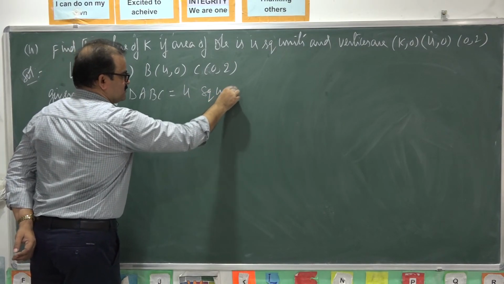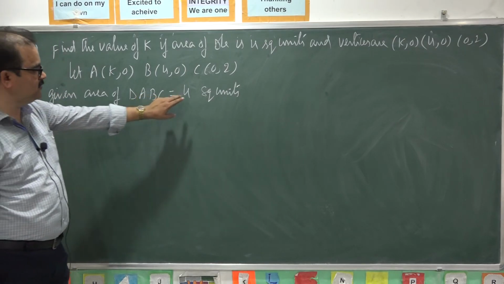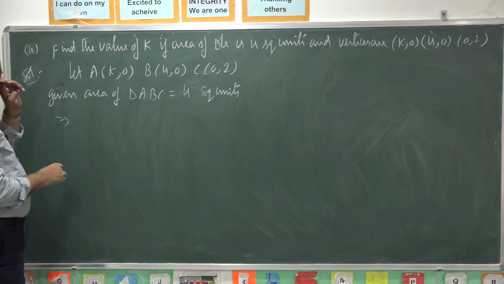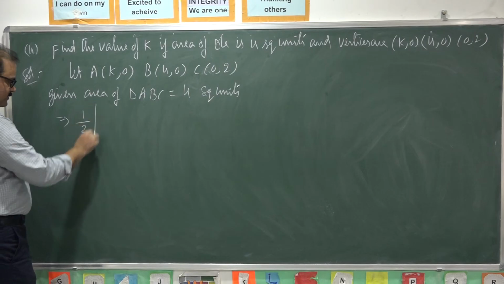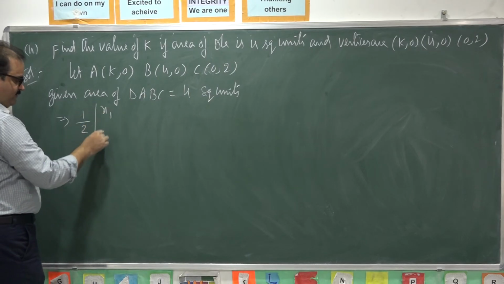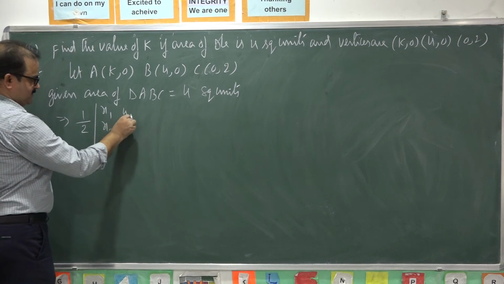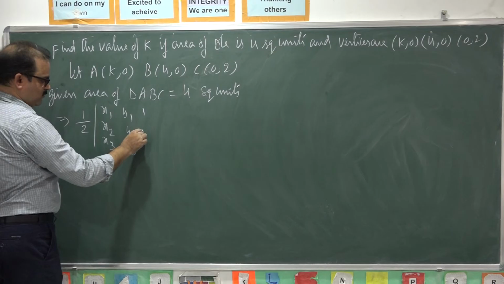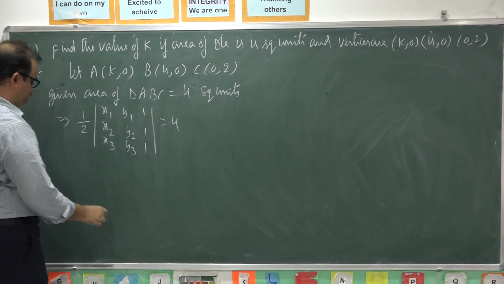That is given in this problem. From determinants, what is the formula to find the area of the triangle? 1 by 2 into the determinant of the first column x1, x2, x3, second column y1, y2, y3, third column 1, 1, 1. This is equal to 4.